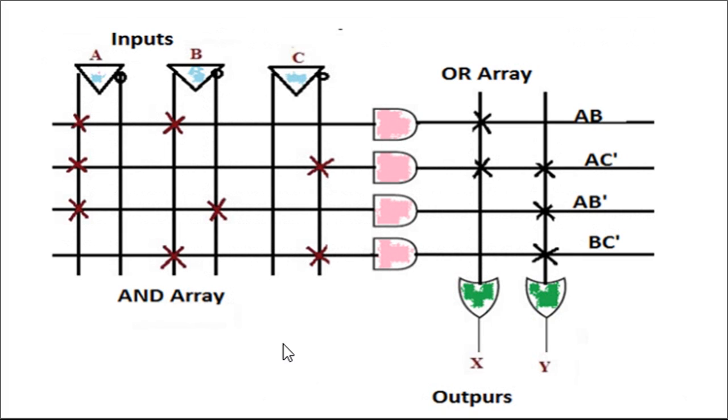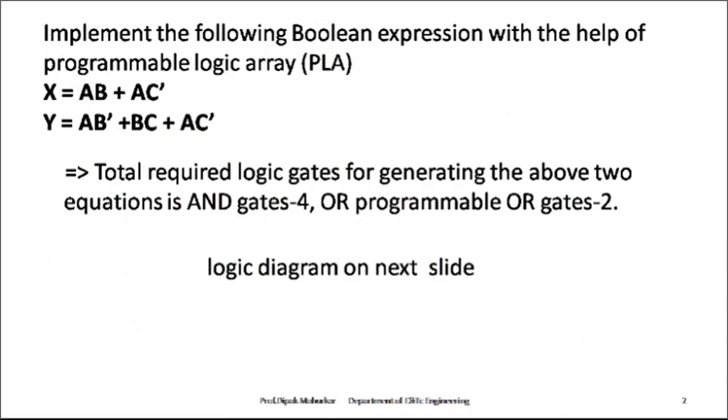See the logic diagram. This is the AND gate array, we can call it that. Here this is a, a bar, b, b bar, c, c bar. These are the inputs a, b, c. Then we have to mark as per a b plus a c dash.